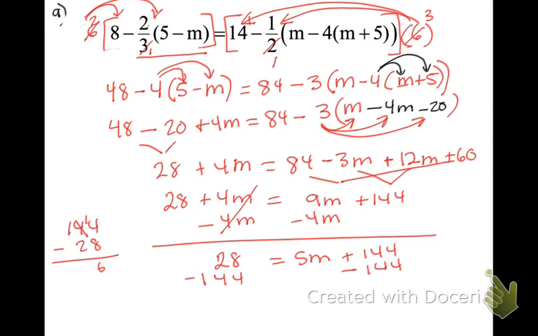And it becomes a 3, so that's a 1. And I'm bringing down the 1. So it's 116. And it's negative because it takes the sign of the bigger number. Divide both sides by 5. And m is equal to negative 116 over 5.